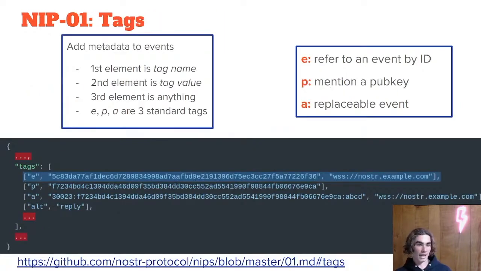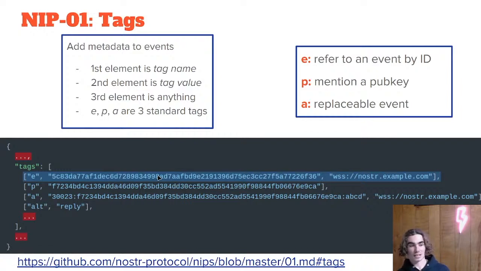So here's some more on tags. These are some examples. Tags is an array of tags, where a tag's first element is a tag name. In the spec, it says that all lowercase single-letter tag names should be indexed by the relay, which means you can tell the relay that you want an event with an E tag of this value, and the relay will give it back to you.